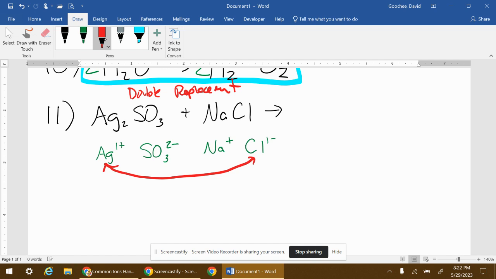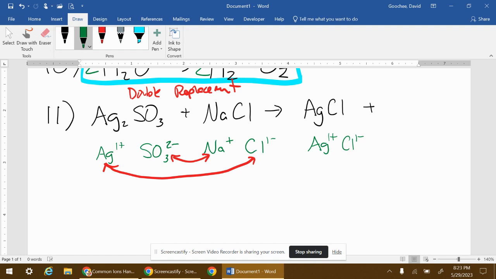An ionic compound has to have both a positive and a negative. And the sodium is going to go and combine with the sulfite. All right, so here we go. So silver is 1 plus, chlorine is 1 minus. You don't even need to crisscross it, okay? Because they cancel each other out. So the first thing you're going to form is AgCl, okay?